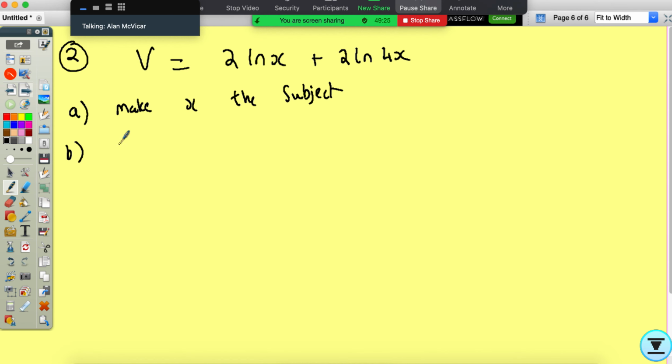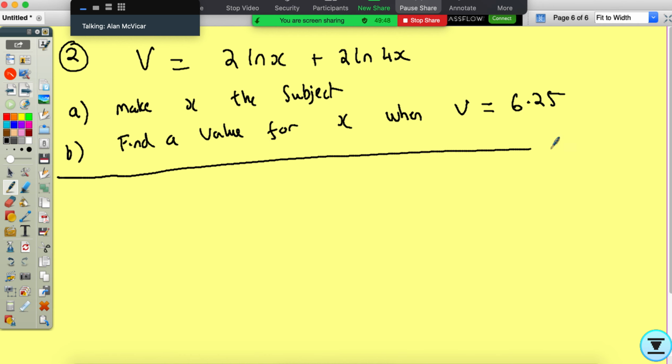Part b, find a value for x when v equals, let's see, 6.25. Right. I slightly changed my example from the one I did with the previous class, but hey.